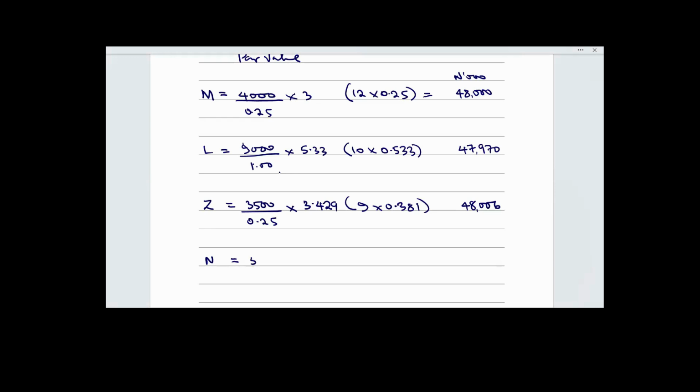Here is 5,300 multiplied by, I need the price earning ratio and the earnings per share of Nile. Yes. Price earning ratio of Nile is 14. Earnings per share is 32.3.